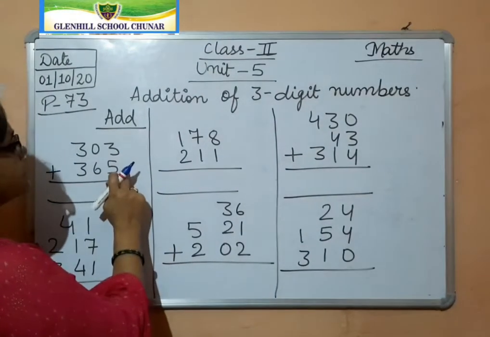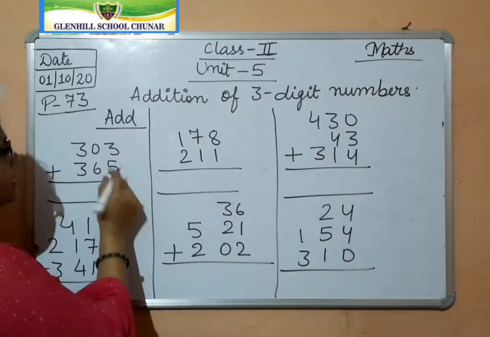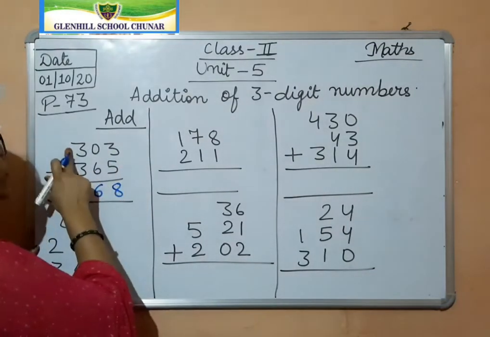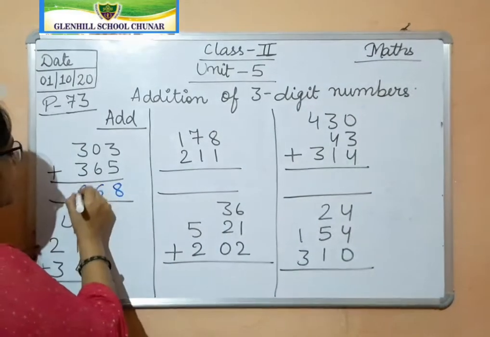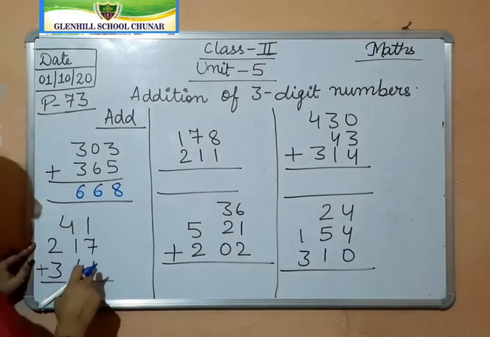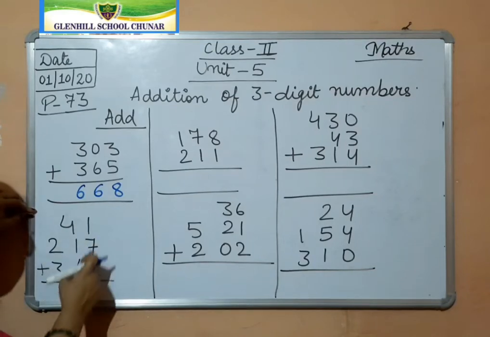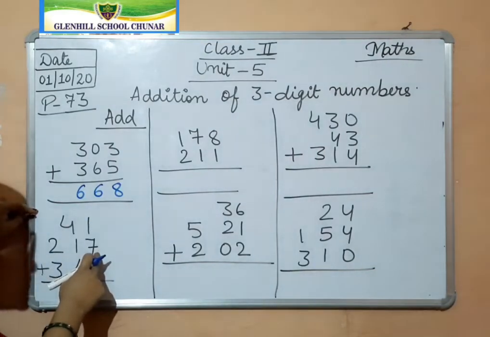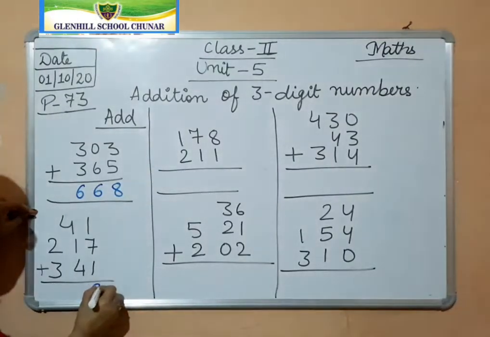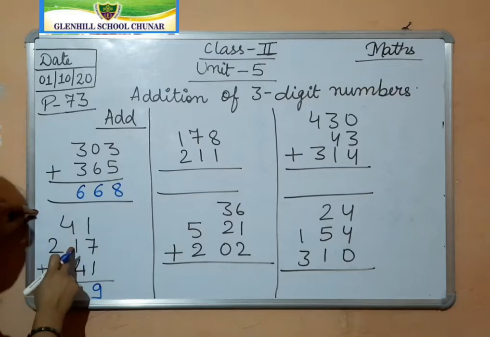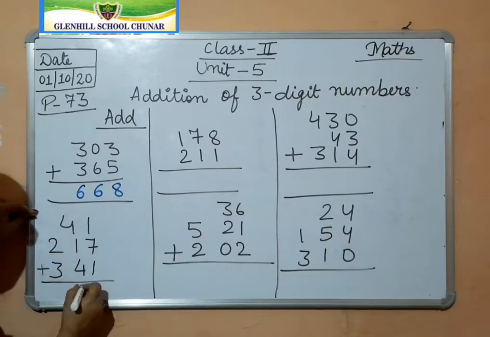So 3 plus 5 is 8, 0 plus 6 is 6, and 3 plus 3 is again 6, okay. Now here see, this is in a ones place, okay. ये तीनों ones place पे है, तो 1 and 7, 8 and 1, 9. Then this one is in tens place, 4, 1, 5 and 4, 9.